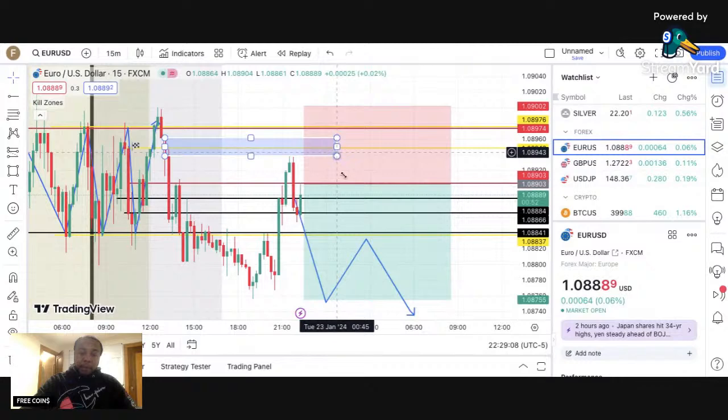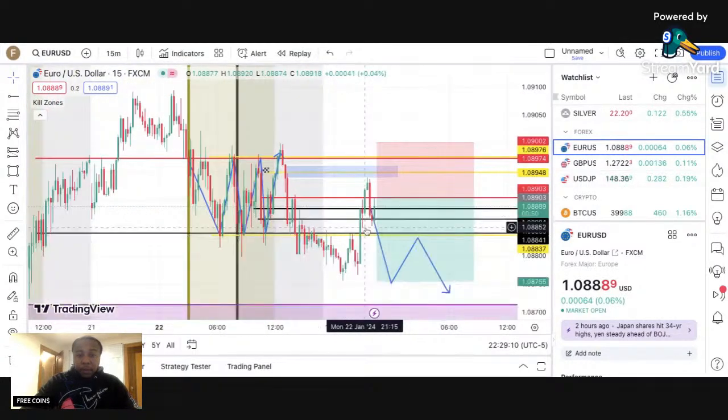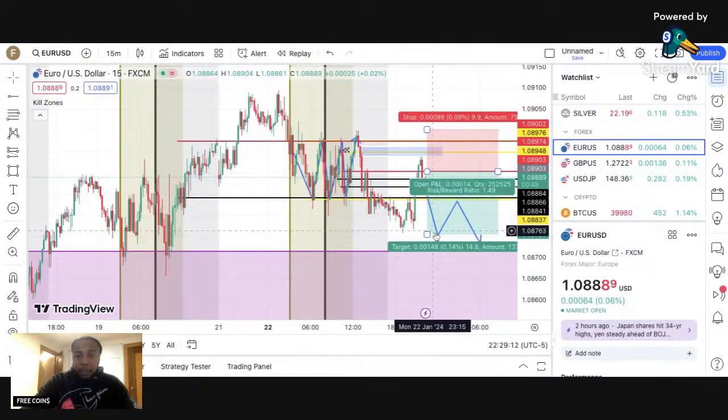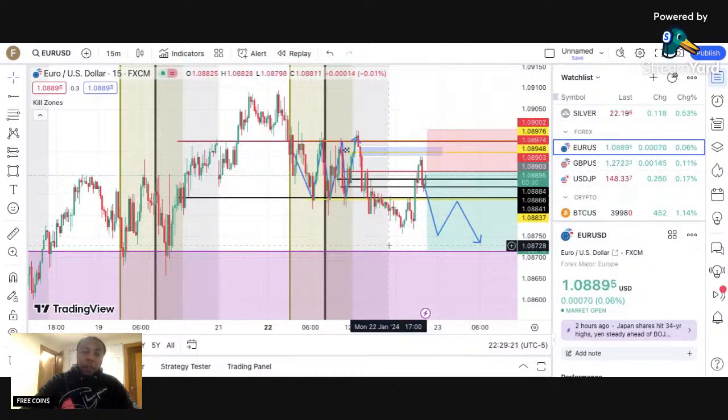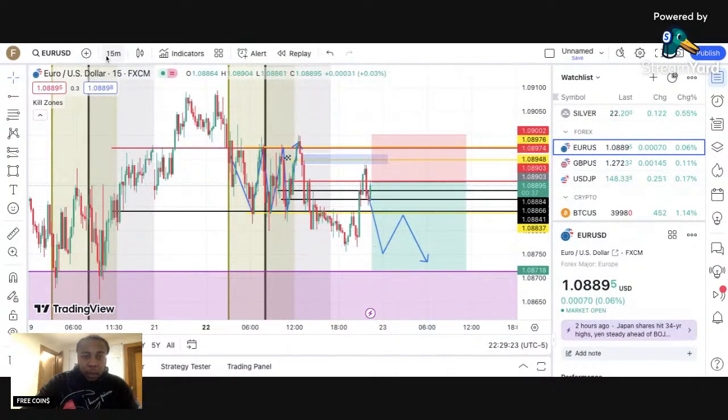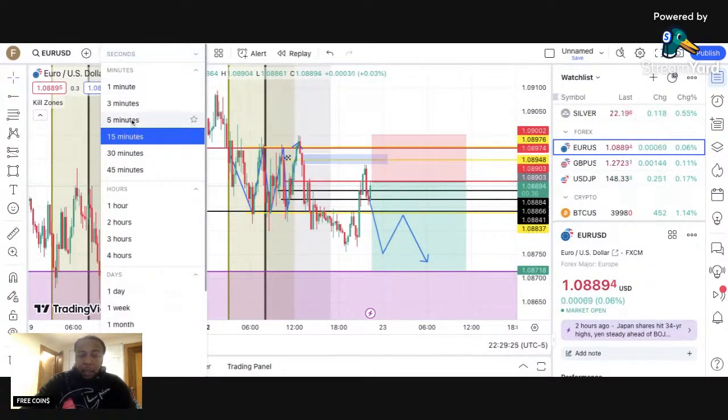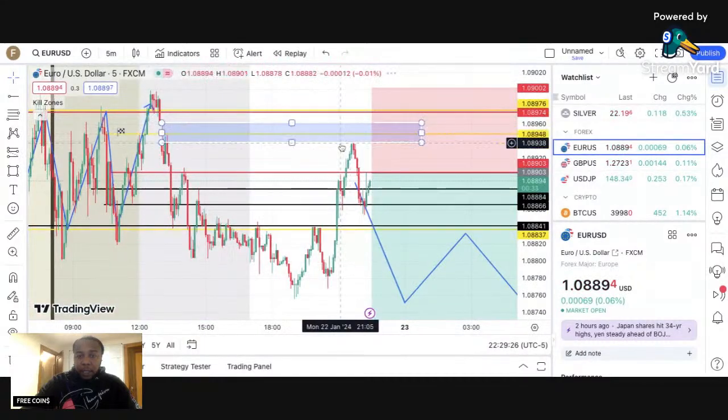Right? And my trade, to be honest, could be all the way down here. I could be looking for this whole move right here on the 15 minute. Go down to the 5. See how that's being printed?